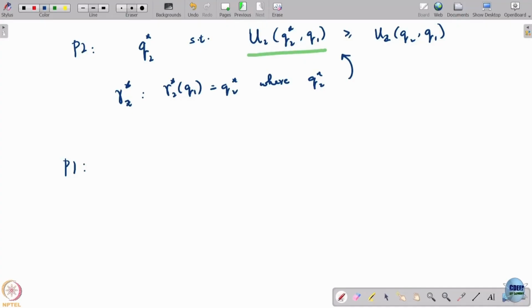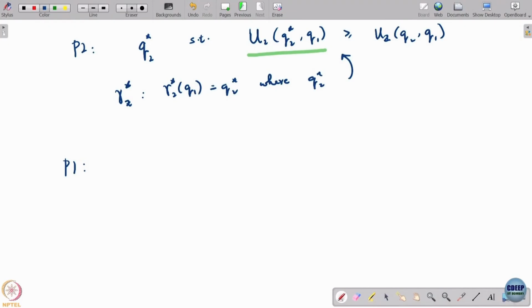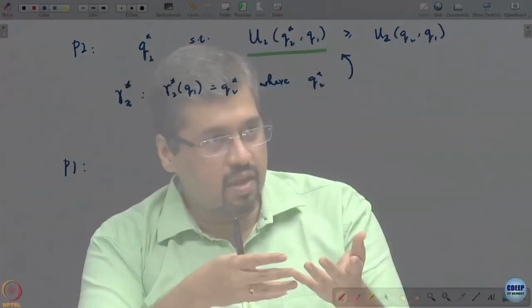What is the mode of play for player 1? If player 2 is going to play gamma 2 star, which is basically specifying the quantity that maximizes his utility as a function of q1, how should player 1 play? See, like she asked, does player 1 know that player 2 can observe player 1's quantity?